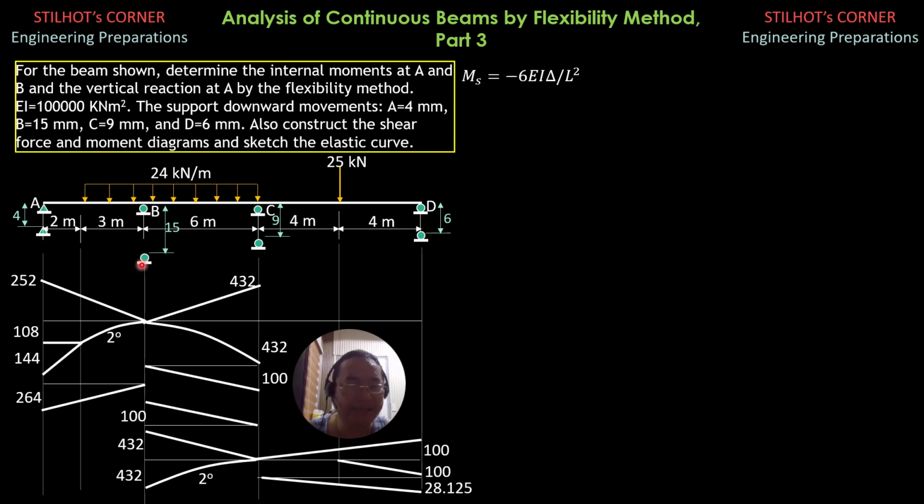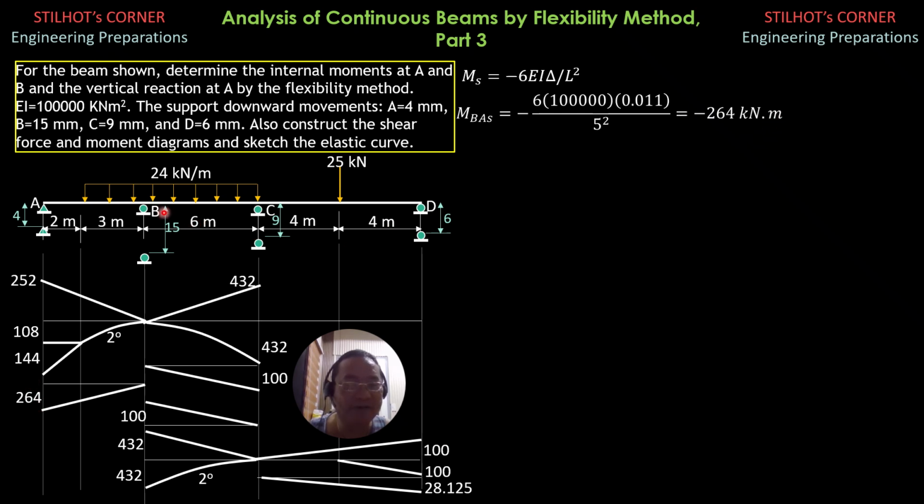So delta is equal to 11 mm or 0.011 meter. Computing MAB, negative 6 times EI 100,000 times delta 0.011 meter divided by L squared, 5 squared, that is negative 264 kilonewton meter. So that's why we have the side sway moment at A, 264, which is treated negative.